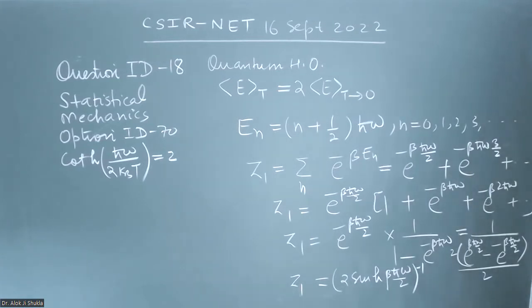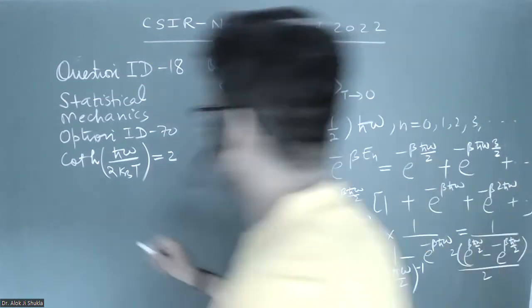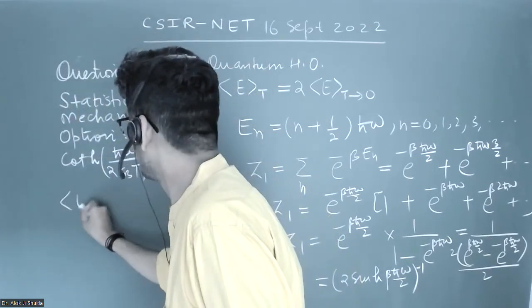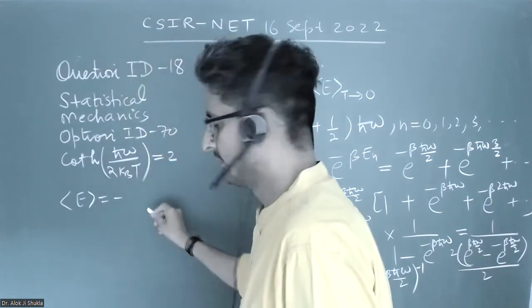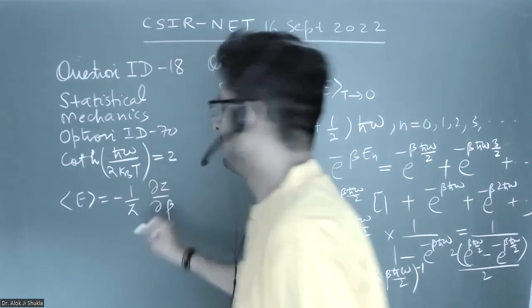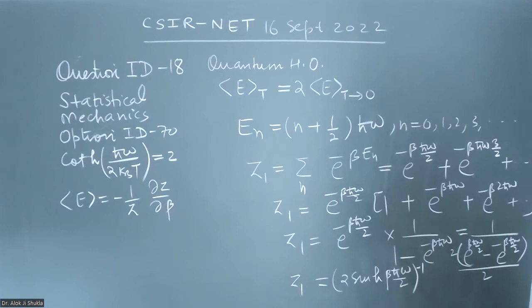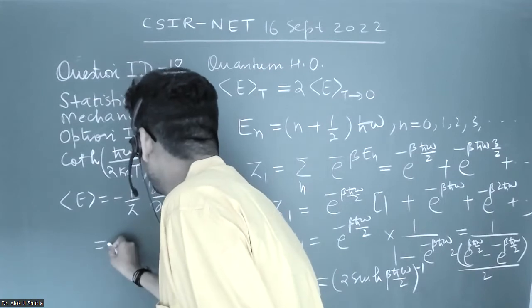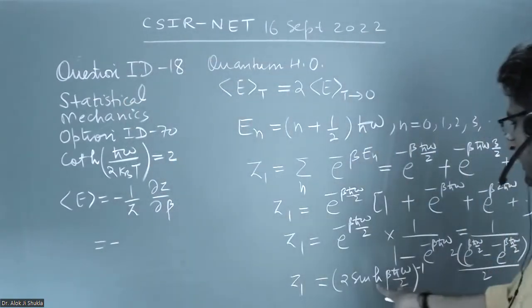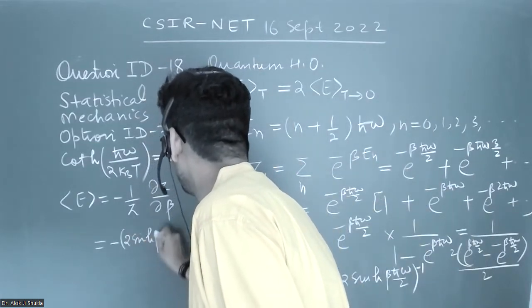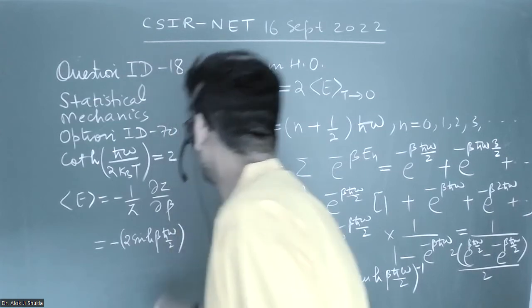Now the next step is to get the average energy. So what is the average energy once the partition function is known? I can write the average energy is equal to minus 1 by Z del Z by del beta. Let us just get this. If I write the minus 1 upon this quantity, it will become 2 times sine hyperbolic beta h cut omega by 2.